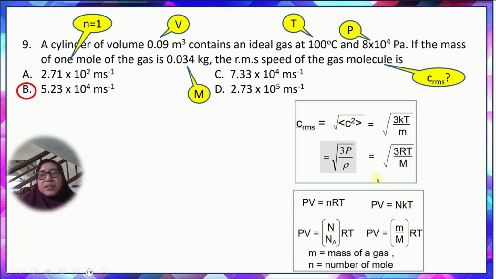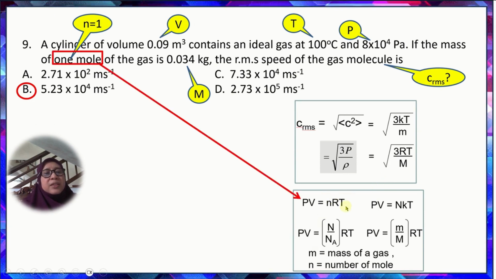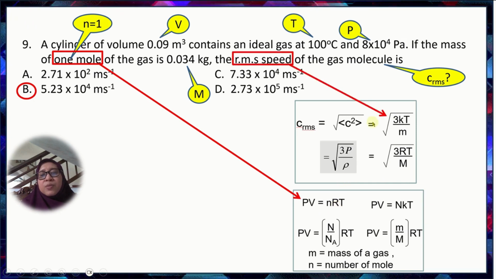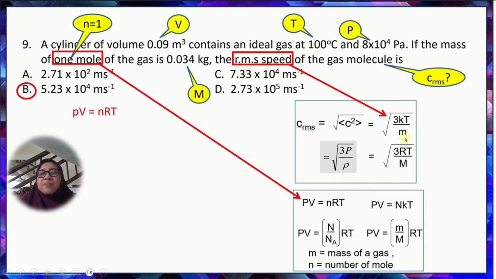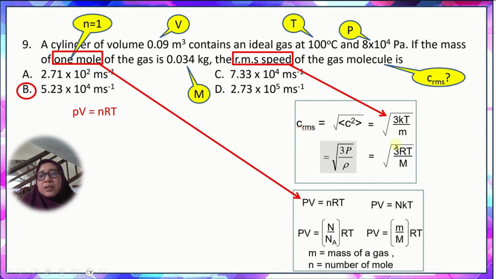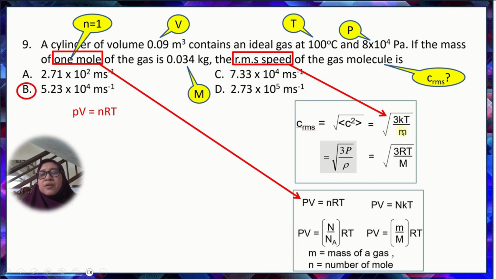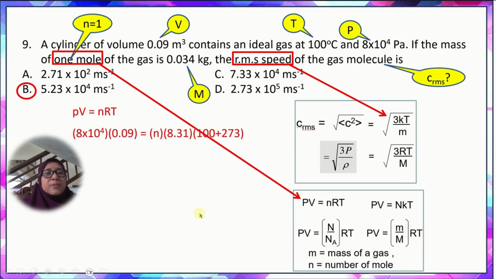From the equation here, we choose PV equals nRT, for 1 mole. And the r.m.s speed is the square root of 3kT over m, where m is the mass of one molecule. This m is not the same as this m. This m is the mass of the gas, and this m is the mass of one molecule or one atom of the gas.